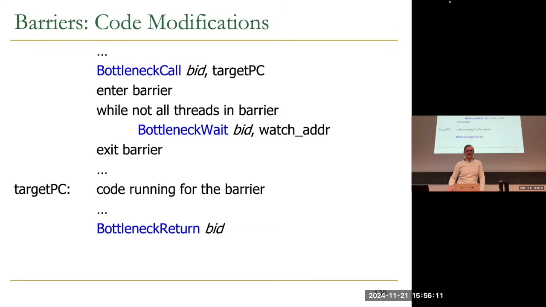Essentially, in critical sections, the critical section gets shipped. In barriers, the parallel part until the barrier gets shipped. And in pipeline stages, the code in the pipeline part gets shipped. Yeah, but barriers are a bit tricky that I didn't want to go into.